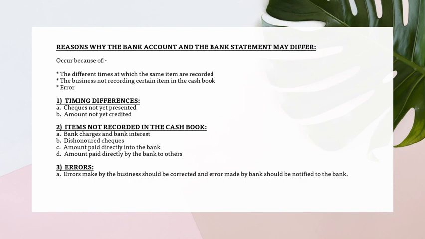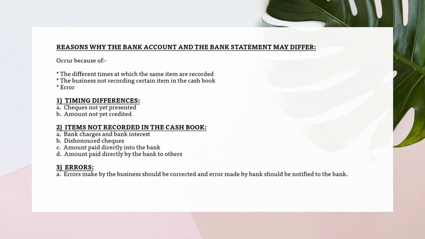So at the end of the day, this check is considered an invalid check and no money is received or paid out. But somehow my cash book recorded it as already paid or already received. Therefore, there is a different balance between the cash book and the bank statement.